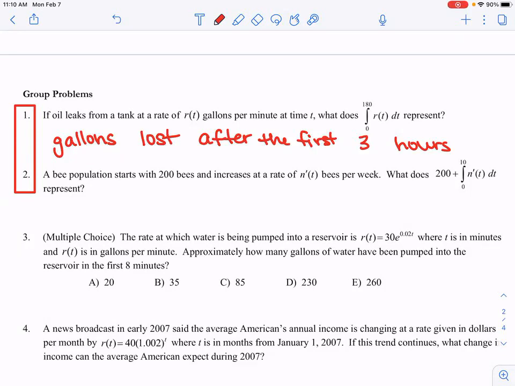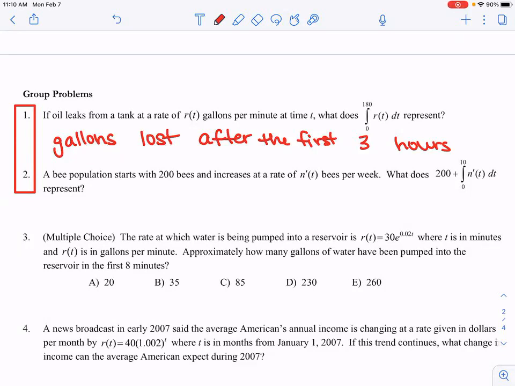But we are talking about gallons, that's important. But then additionally, it's gallons, since it's leaving, we're losing gallons in the first 3 hours.